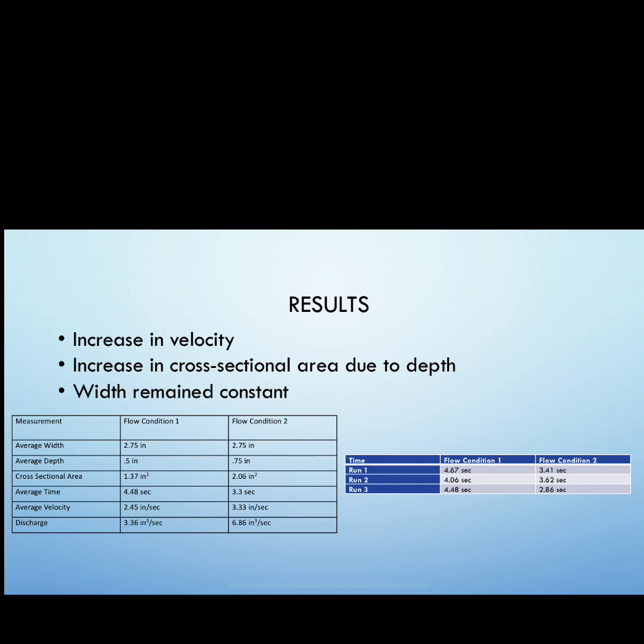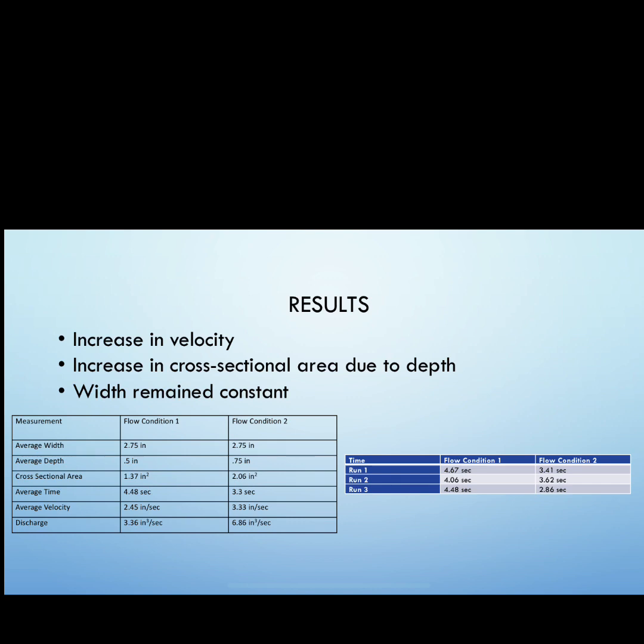Under both flow conditions, the stream covered the entirety of the width in the foil. But the depth actually increased by about a 1/4 inch, went from 1/2 inch to 3/4 of an inch. And you can see the discharge went from 3.36 cubic inches per second to 6.86 cubic inches per second.